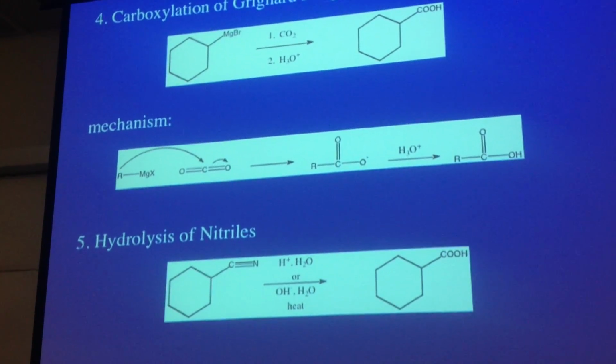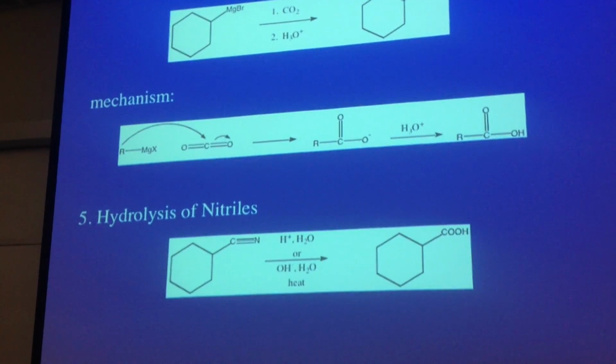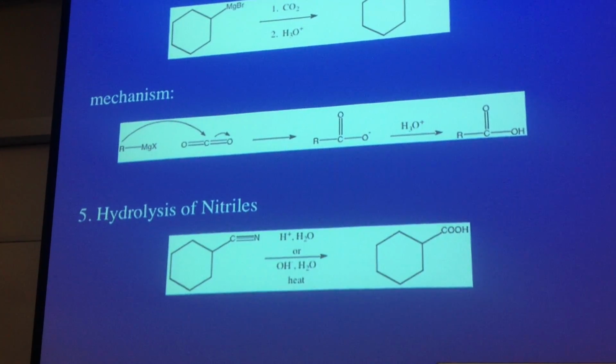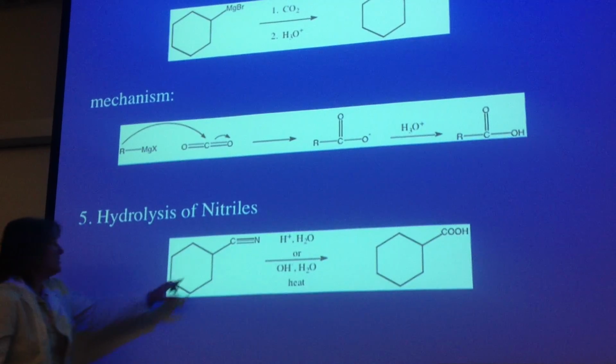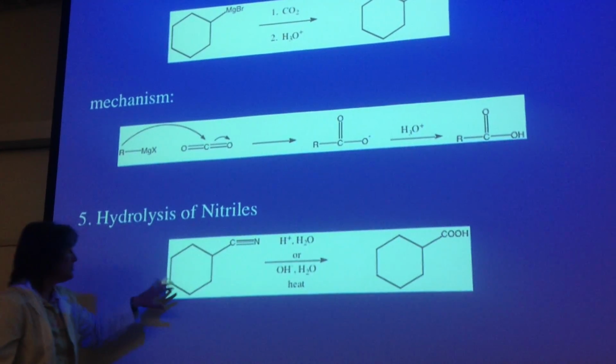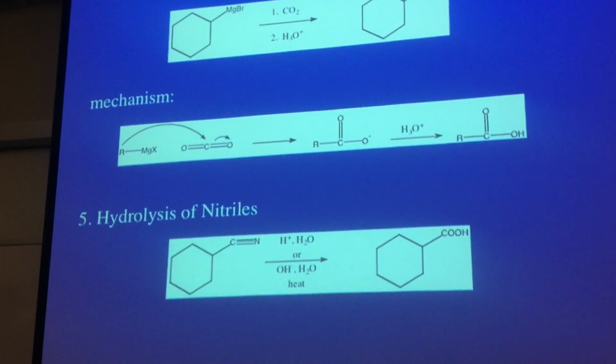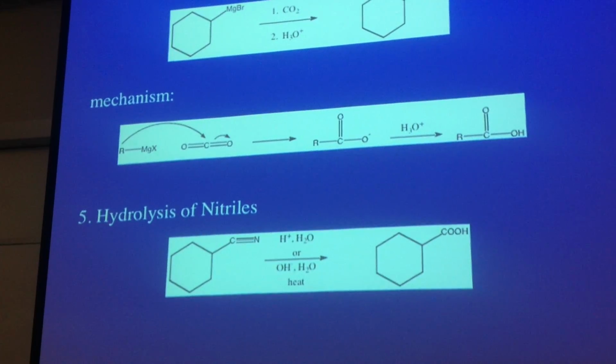And then this one, we learned about this when we were doing the diazonium compounds. You can take a nitrile, the C triple bond N. In this particular case, I have it on a cyclohexane. It could be on a benzene, it could be on anything. If you can build a nitrile, this works.